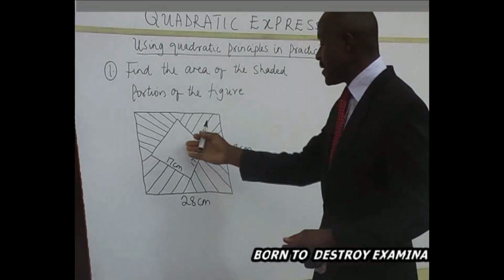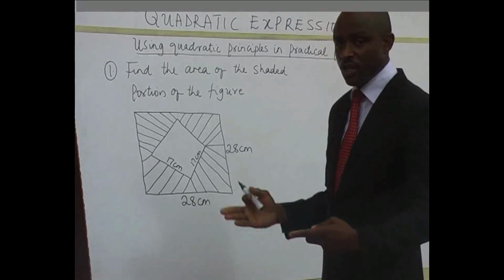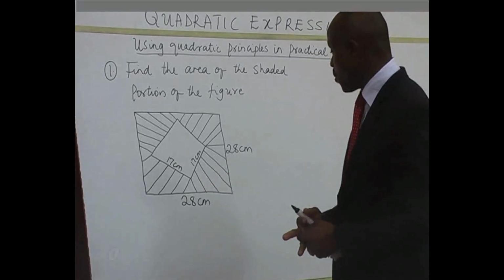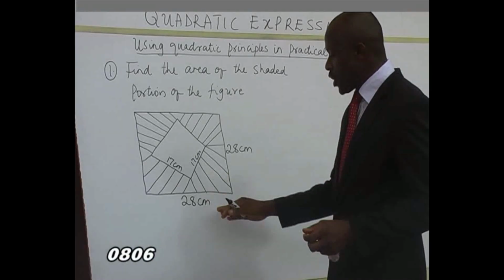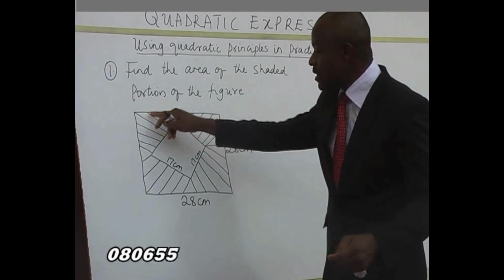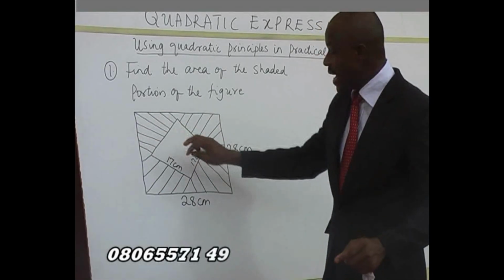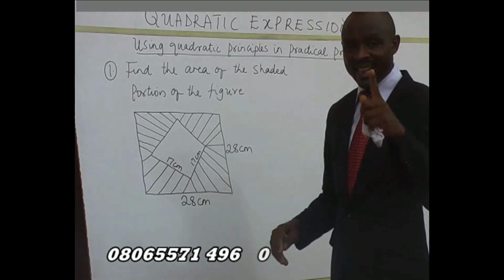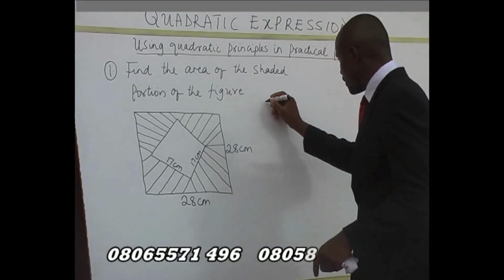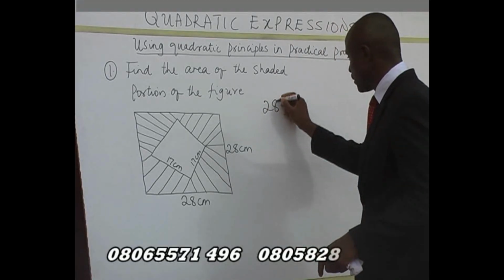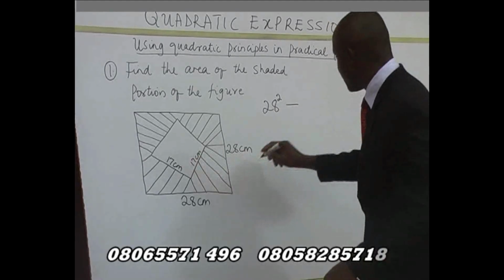So when you have this, we are going to use the principle of quadratic expression, just as we are going to do now. Watch. The area of the shaded portion is the area of the outer square minus the area of the inner square. And the area of a square, you know, is length times width. That means we have 28 squared, then minus 17 squared.